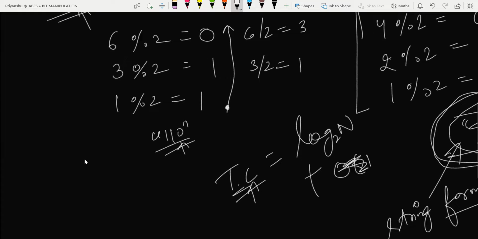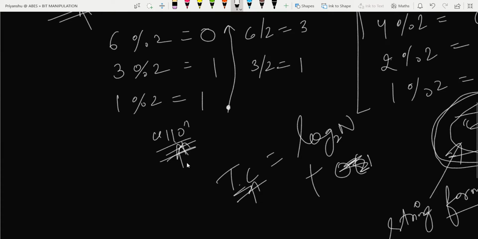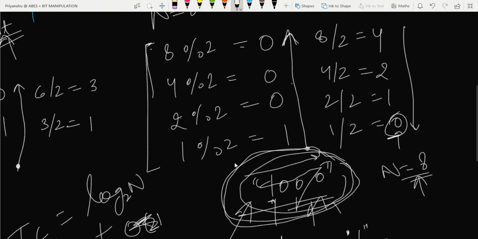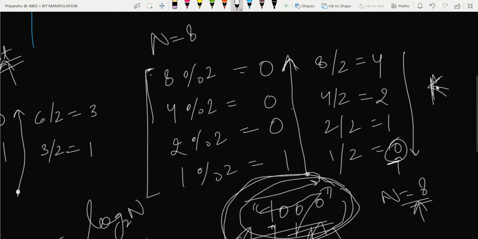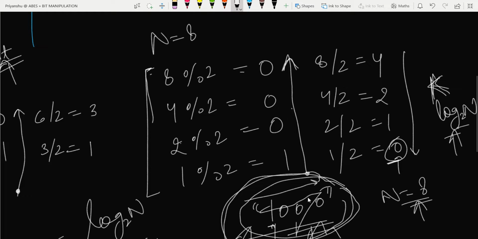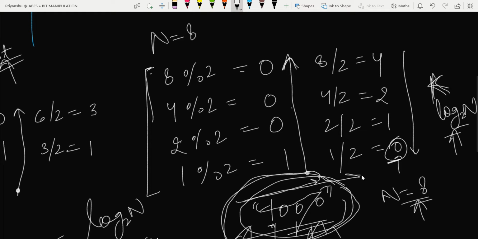If we take the binary representation of this number, it would be 3. So how many times, let's suppose this loop runs k times, or we can say it runs log base 2 n times. So these many numbers are available in the string, and we have to iterate over this string.